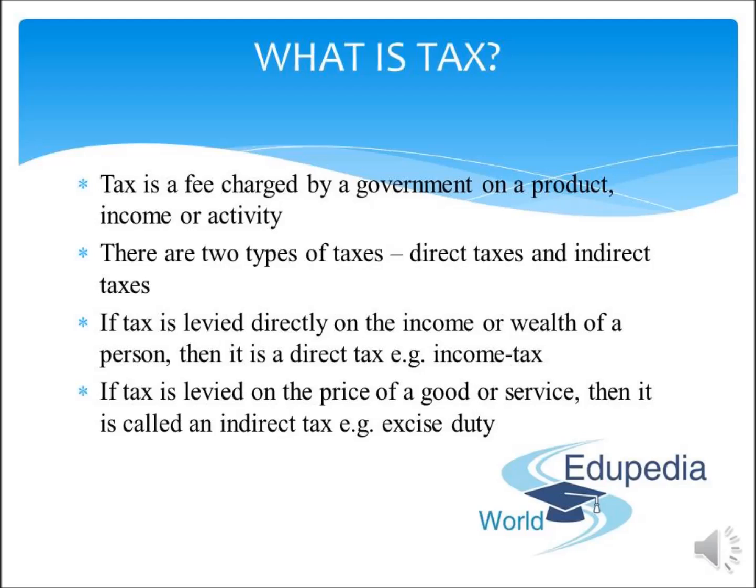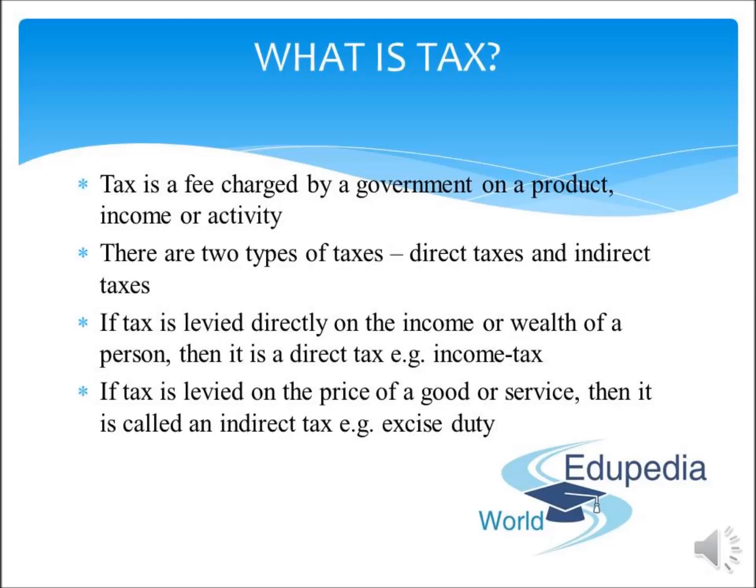And if I am earning some income, I have to pay tax in the form of income tax. And if I am providing some services to someone, then I have to pay tax in the form of service tax. So whatever activity I am engaged in, either manufacturing, earning income, or providing services, I am liable to pay tax.